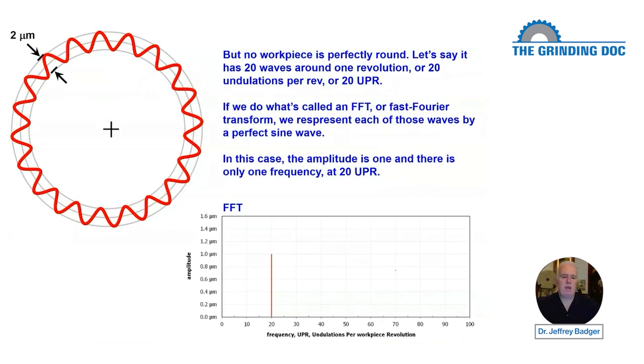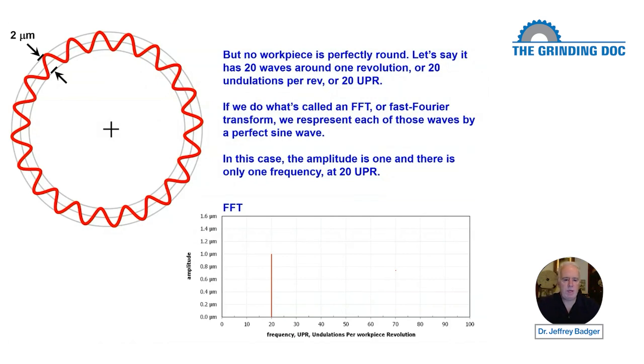Now let's say you have 20 waves on the workpiece, but they're perfect. There's 20 sine waves around the circumference of the workpiece. There's no phase shift between them. There's 20 perfect waves. You will get an amplitude versus UPR, undulations per rev, frequency FFT plot that looks exactly like that.